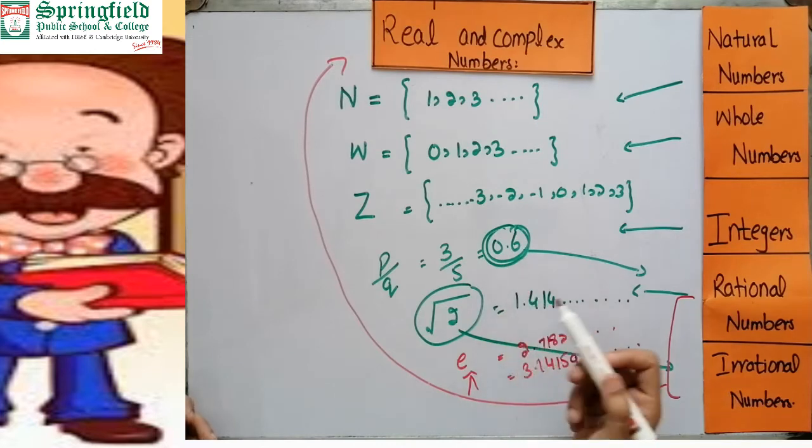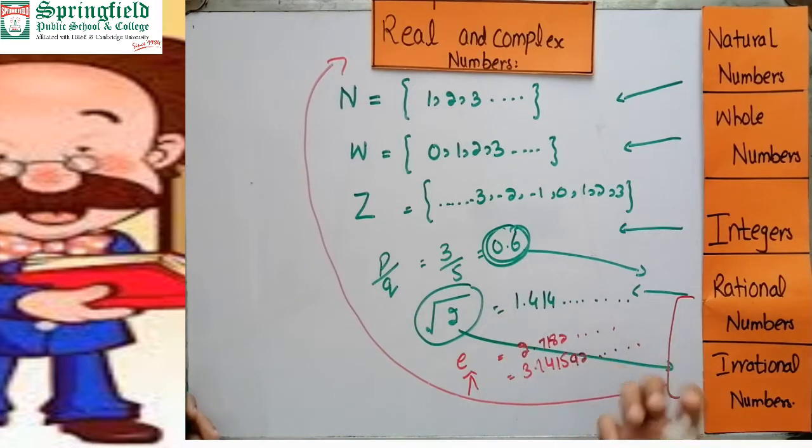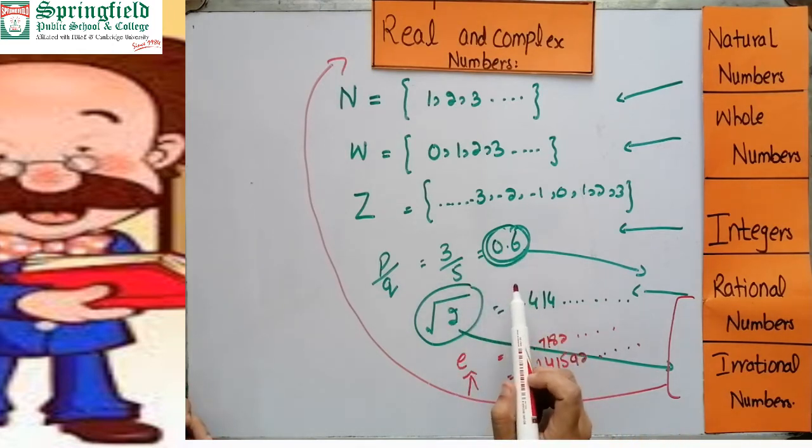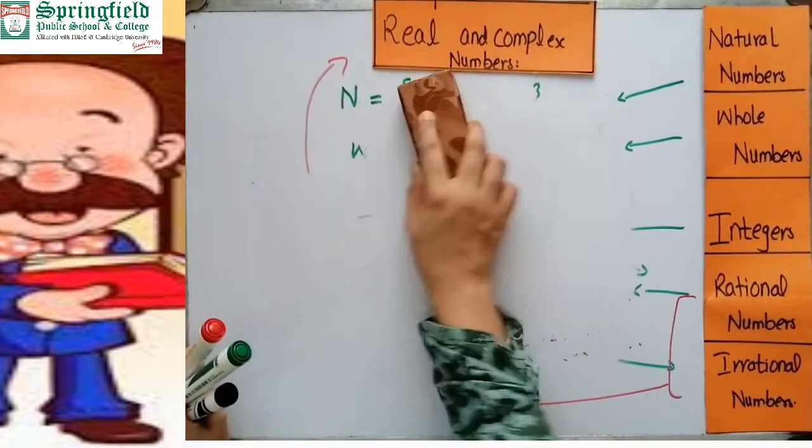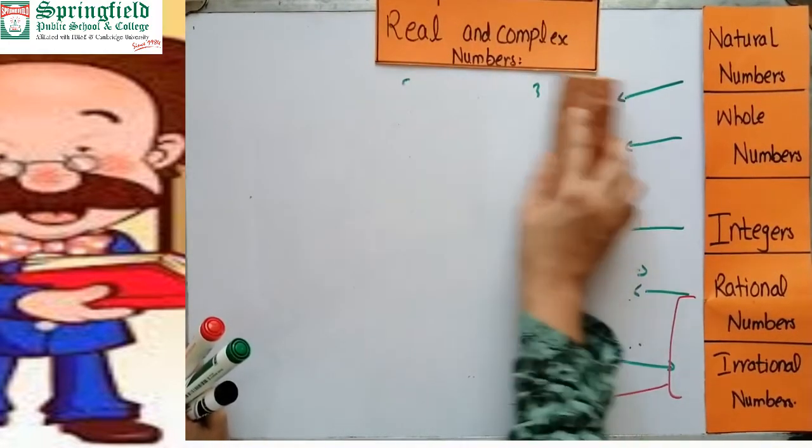And 0.6, these numbers are called recurring numbers. Recurring numbers mean these types of numbers give us an exact answer, so they are called rational numbers. The set of rational numbers and irrational numbers is called the real numbers. Understood, beta? Okay. Now let's come to the examples.